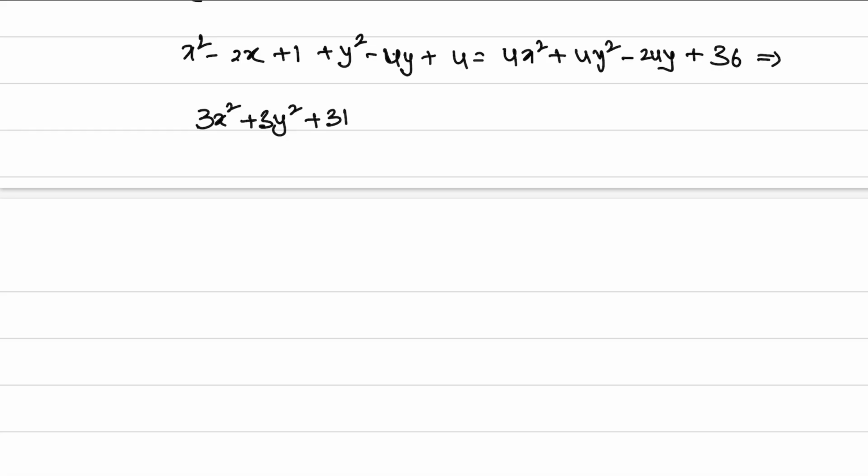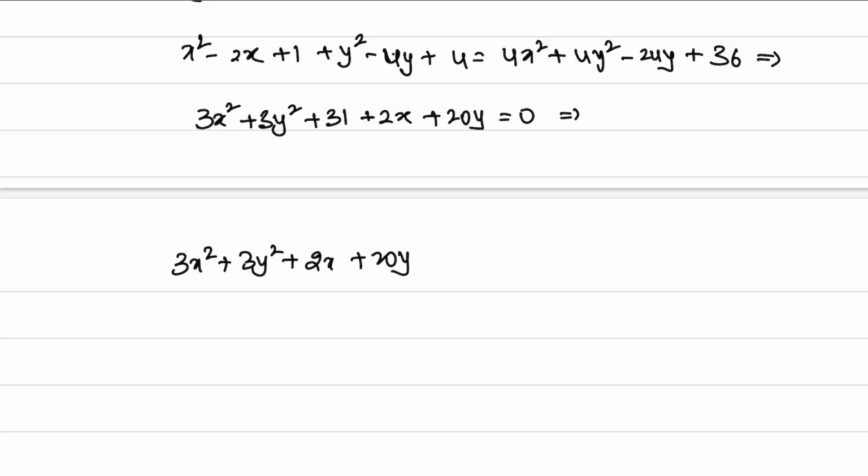Minus 2x will become plus 2x. Minus 4y becomes plus 4y. Minus 24 is plus 20y, is equal to 0. This is a simple equation: 3x square plus 3y square plus 2x plus 20y plus 31 is equal to 0.